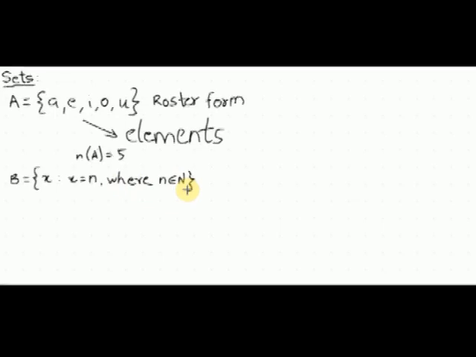What I have written here is that B is a set which contains an element x, and x equals n. What is n over here? The condition is that n is a natural number, so n can be 1, 2, 3, 4, 5, 6.